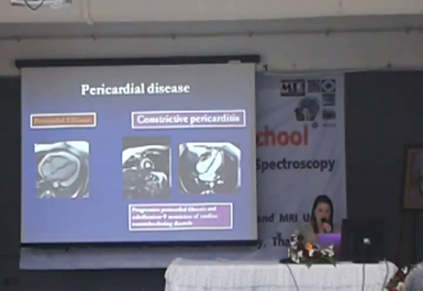You can notice that there is focal thickening of the pericardium causing a pressure effect on the right ventricle, and the ventricular function was abnormal. So we can diagnose that this patient has constrictive pericarditis.